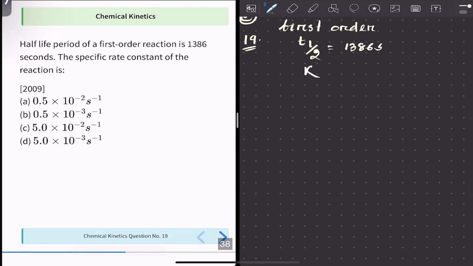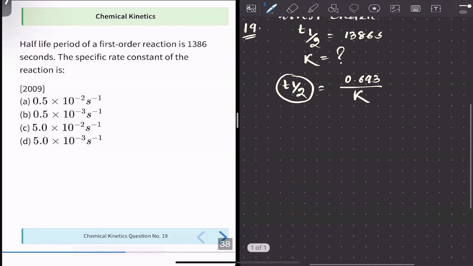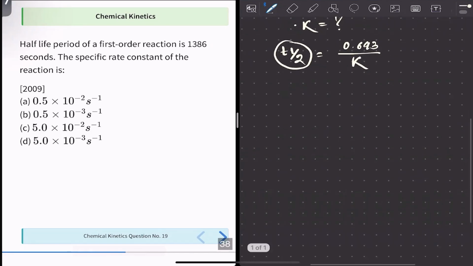It is asking for the rate constant. We know the relation between T half and rate constant: T half is equal to 0.693 divided by K. T half is given, we need to find the K value, so put the T half value here.